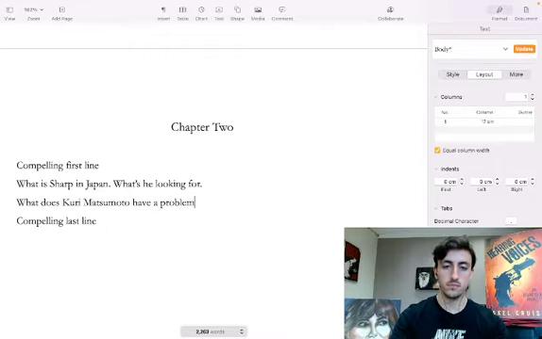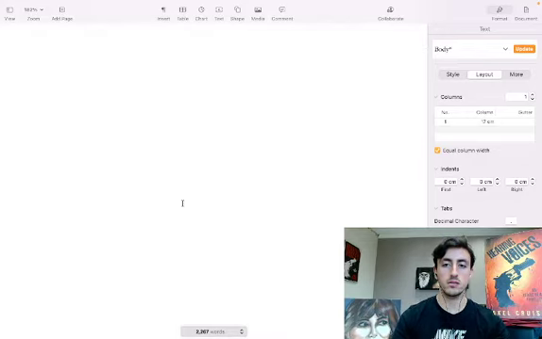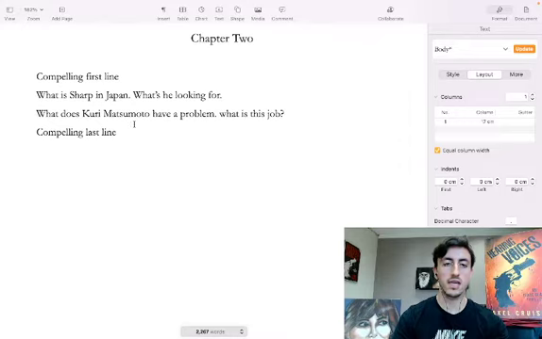What is this job? And that should probably be enough for the first page, right? It's not that long, but we just need to get there. So that's our job to do today.